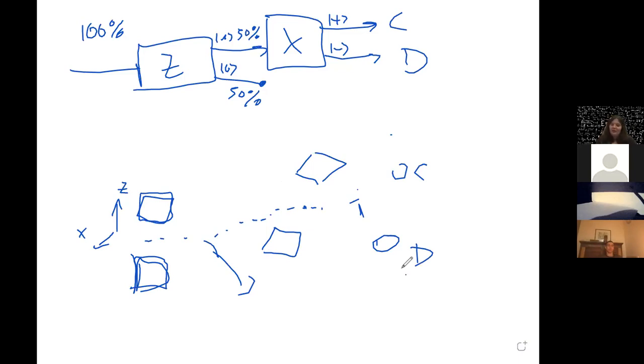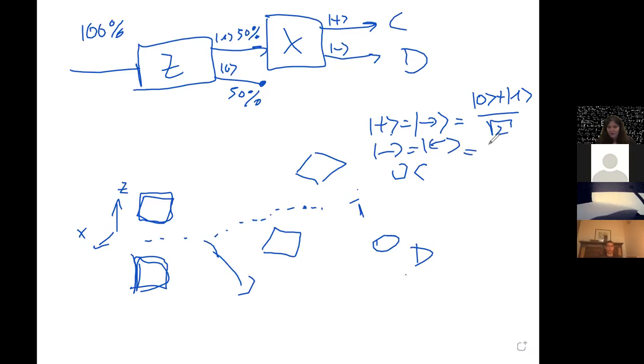So what is plus? Plus is the spin right. It's called spin right. And this means you have a combination of 0 and 1 with a plus, and minus is the same with a minus.